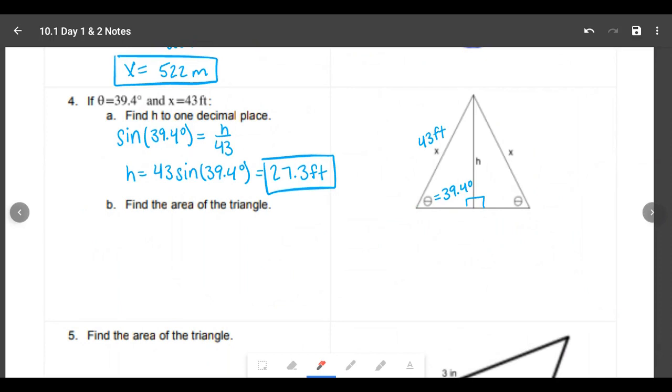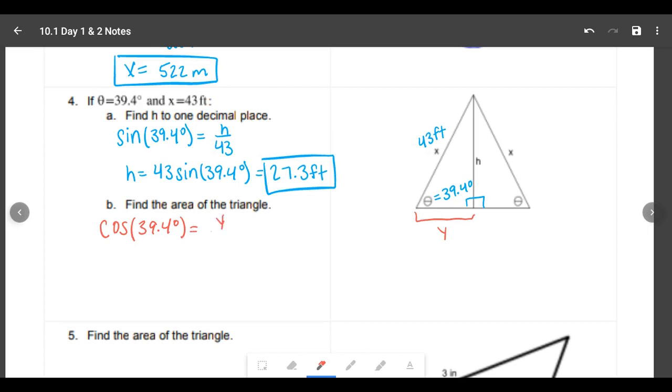Okay, so now for part B, it's asking us to find the area of the entire triangle. And what I'm going to do in this case is I'm going to end up looking for this segment y in order to find the area, since we do need the length of the base. So now that I'm looking to find y, I'm going to use a different trig ratio, and now I'm going to use cosine of my angle.